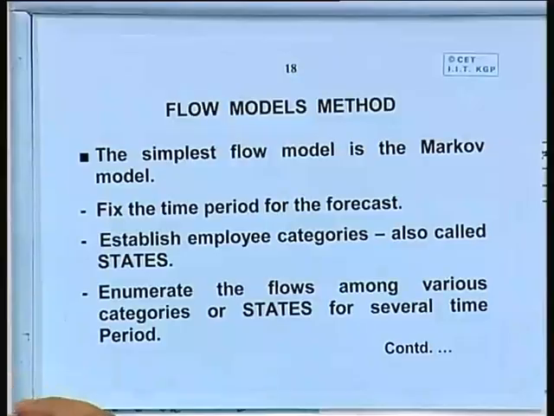We have another method called flow models method. The simplest flow model is a Markov model. Fix the time period for the forecast. Usually the time period, if it is an annual forecast, is 1 year. But if it is a long range forecast, it may be 5 years, it may be 3 years.